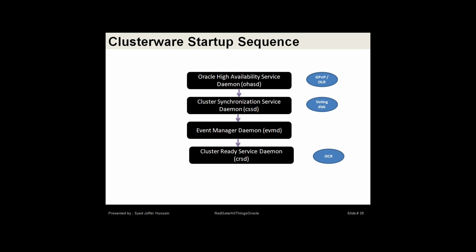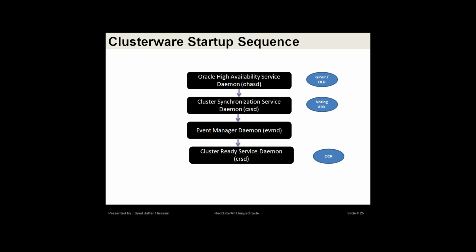First OHASD gets started, using the OLR and the GPNP service, because it's very important to read. When it starts the cluster synchronization service, it has to have access to the voting disk. If there is a permission problem or maybe the voting disks are missing, then the cluster synchronization service will not start.